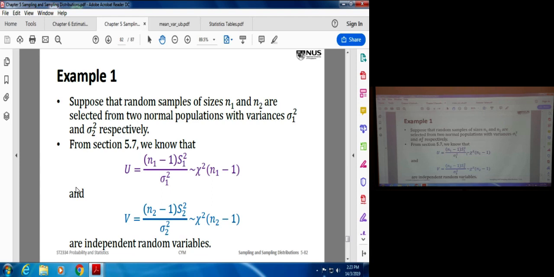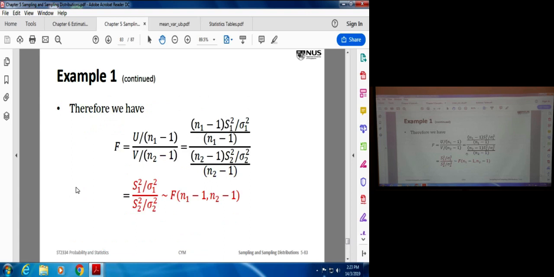Well, it follows precisely from our definition of the F distribution. If we take u and v as defined on the previous slide and scale them by the degrees of freedom respectively, then remember u is n1 minus 1 times s1 squared over sigma squared 1, and respectively v is n2 minus 1 times s2 squared over sigma squared 2.